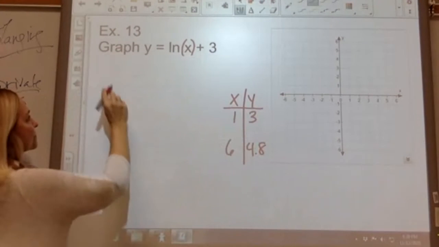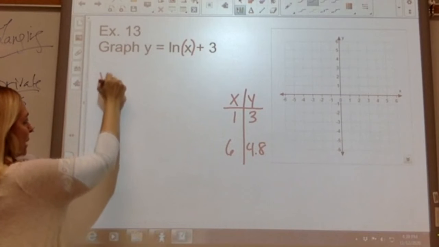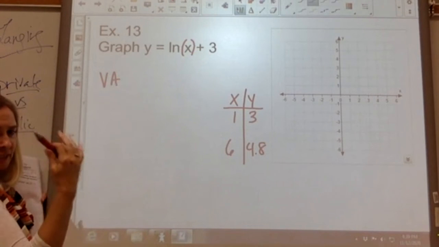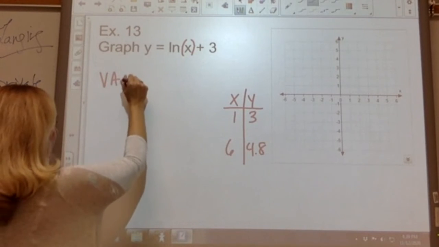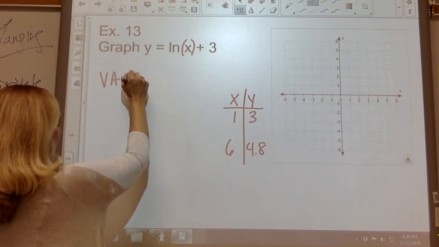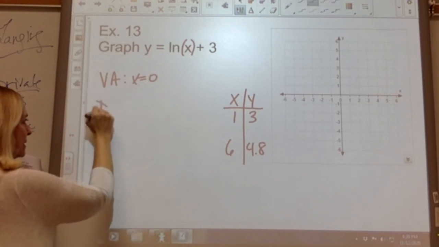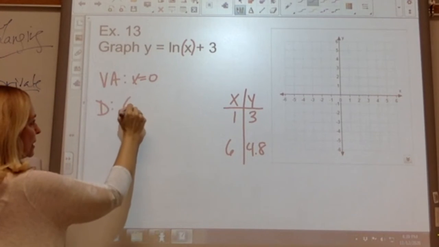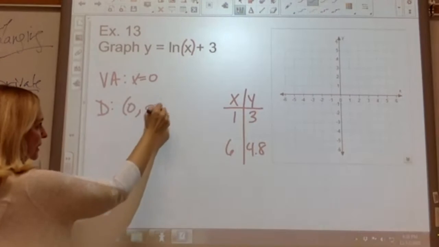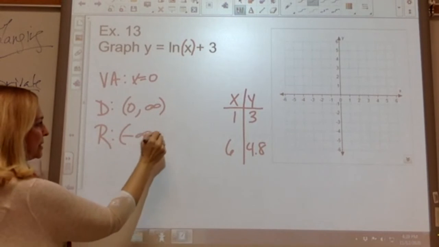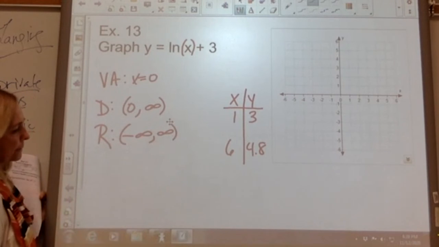Now, we're stating our vertical asymptote. We don't have anything in parentheses with this X, it's just X by itself. So that's another 0. So our asymptote is X equals 0. Our domain is going to be 0 to infinity, and then the range is -infinity, +infinity. Okay?